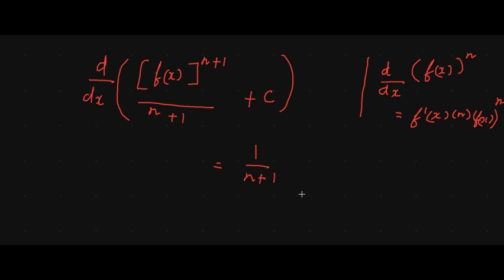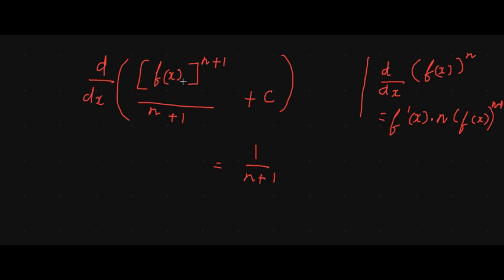Well, let me rub this and do this a little bit better because I ran out of space. So that is equal to f prime of x multiplied by n multiplied by f of x to the power of n minus 1. Okay, that's the derivative formula.